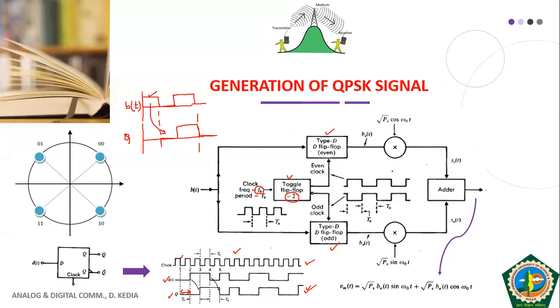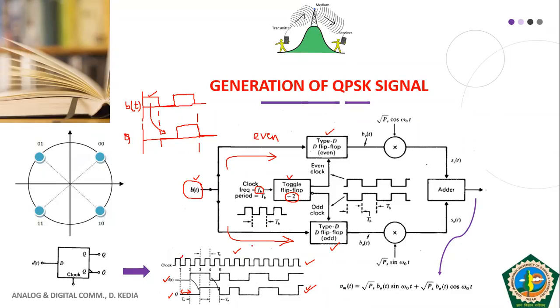Fine. So now let us concentrate on our QPSK signal generator. In the QPSK signal generator, whatever is the incoming bit stream, that incoming bit stream is divided into two parallel streams. Okay, in one of the streams, we separate out even bits.